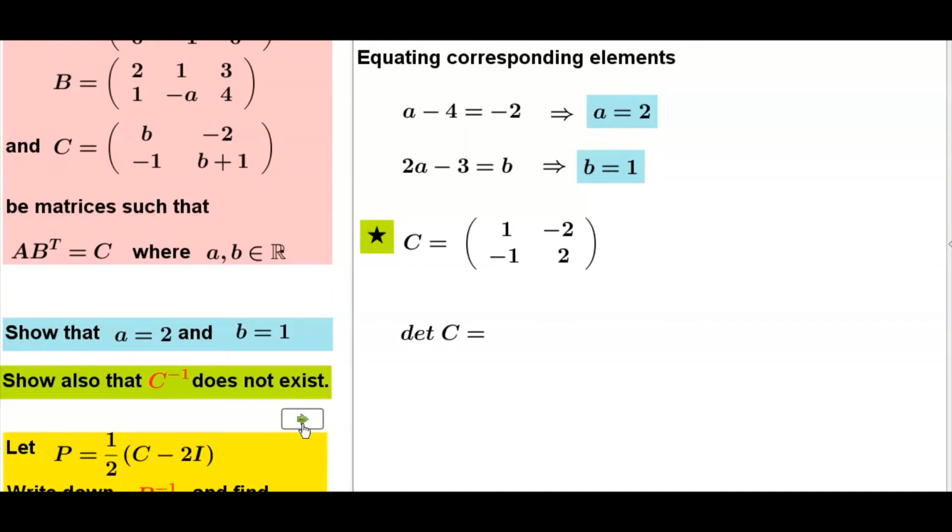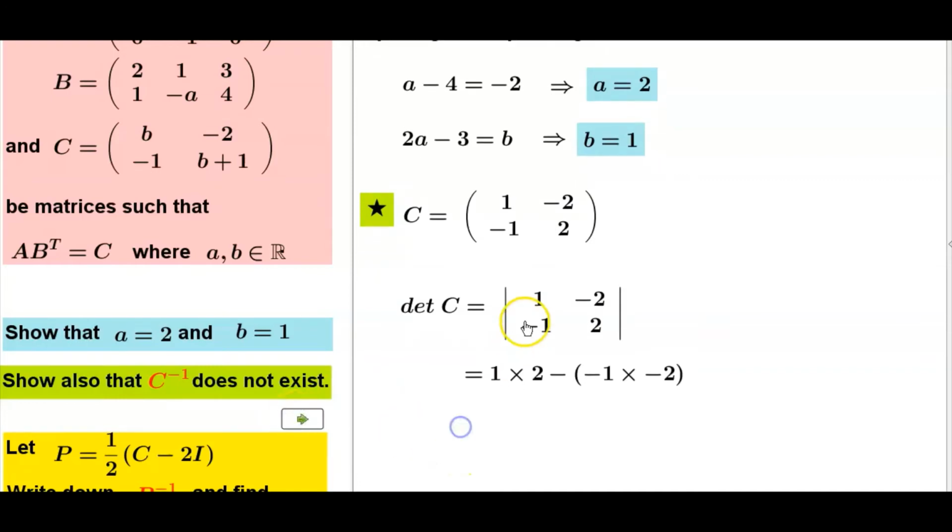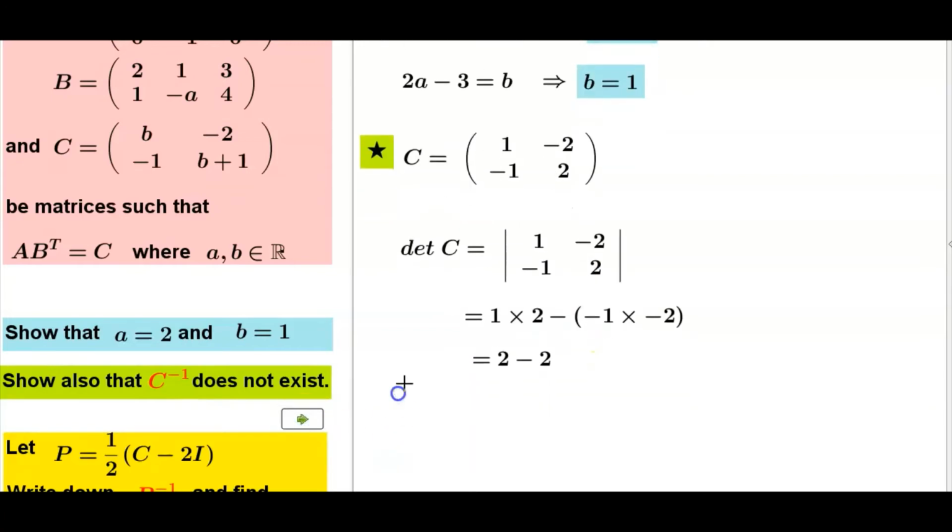The determinant of C is calculated in this way. The determinant is written within the parallel lines: 1, minus 2, minus 1, 2. We already know how to calculate this: 1 into 2 minus, multiply this one, minus 1 into minus 2. 1 into 2 minus 2 is 0.